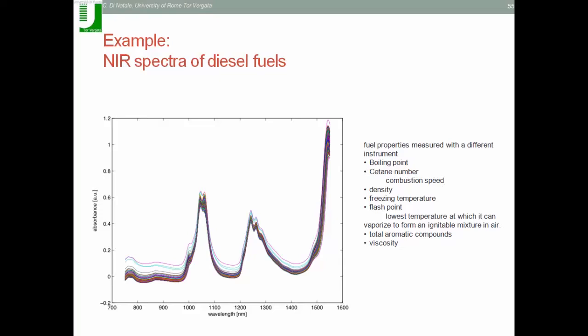So these are the properties necessary to evaluate the quality of a given fuel. And this is the near infrared spectra from 750 nm up to 1.6 microns. And here we have done this with one instrument, a near infrared spectrometer.